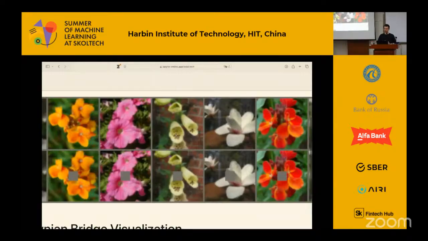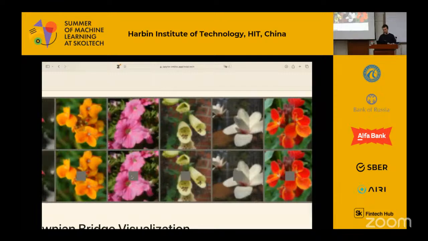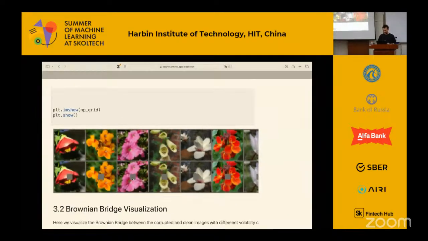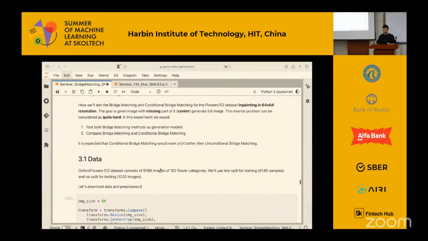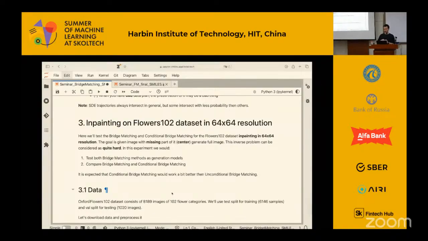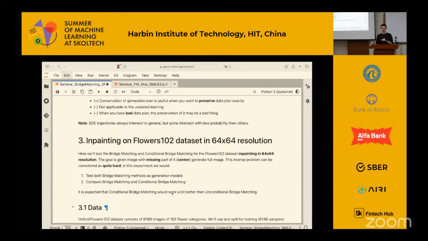But you want to fill this blank space with something that suits the surrounding image. So, for example, for this purple flower, it is logical that instead of this black square, there should be a part of the flower of a purple color. And this is a relatively hard inverse image problem that is more suited for conditional bridge matching, actually.